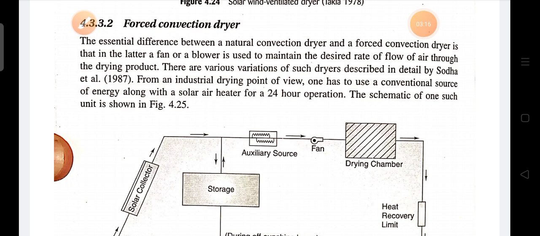At that time the auxiliary or conventional source of energy is used to heat our product.